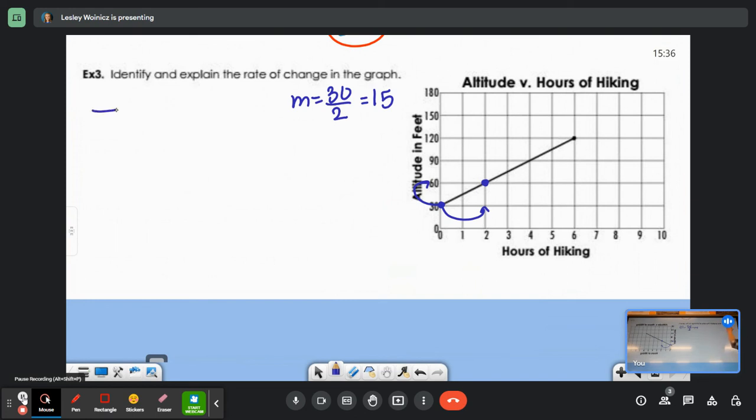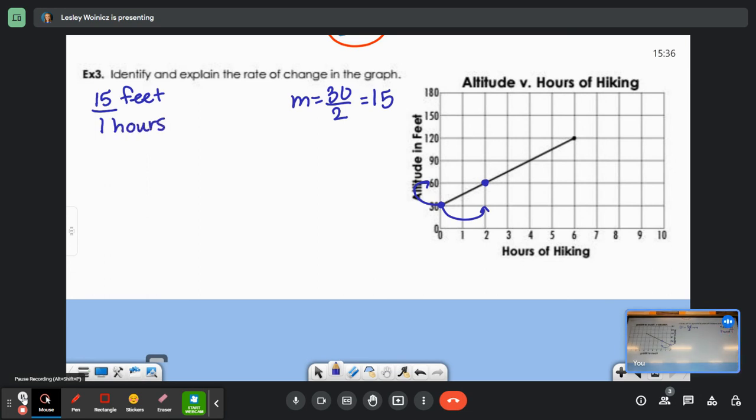So let's label it as 15 over 1. The 15 has to do with what? Feet or hours? It's the feet. If it's 30 feet every 2 hours, it's 15 feet every 1 hour, right? Okay, so the 1 is the hours.